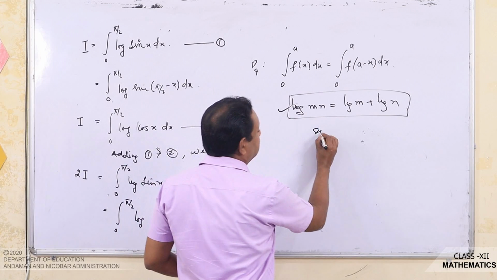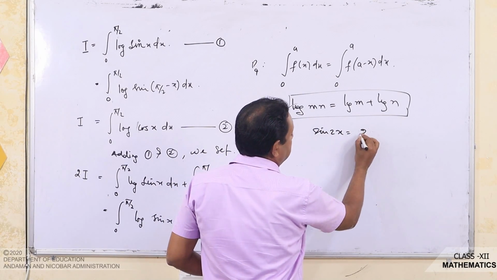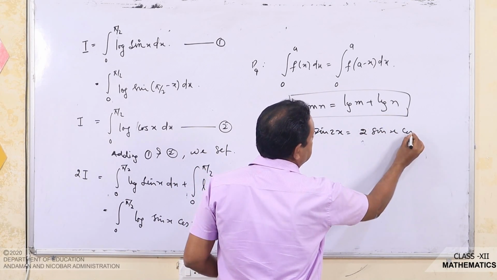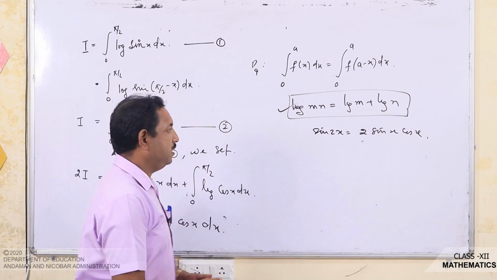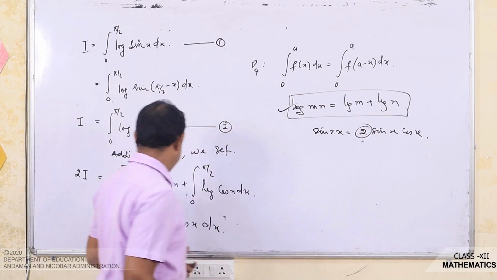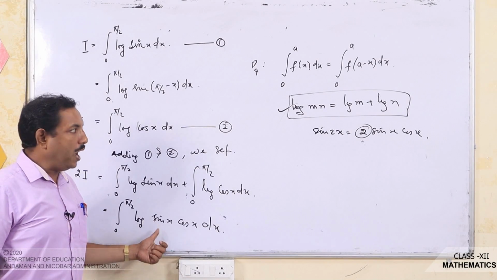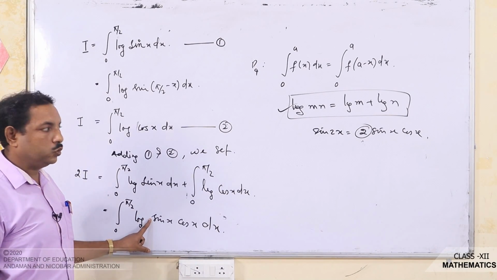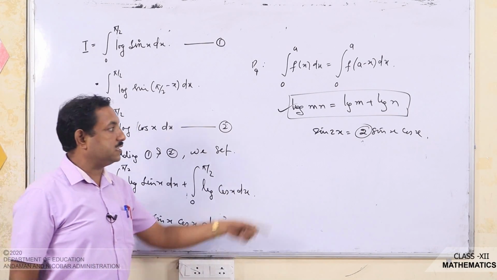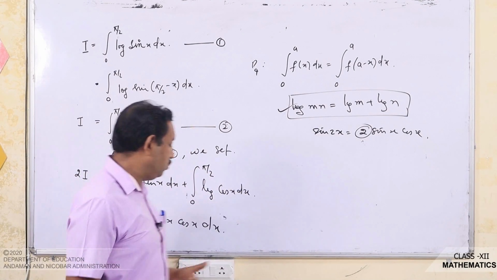We know that sin 2x is 2 sin x cos x, but the 2 is missing here. So I want to get a 2 here, so that I can write this thing as sin 2x. What to do for it?